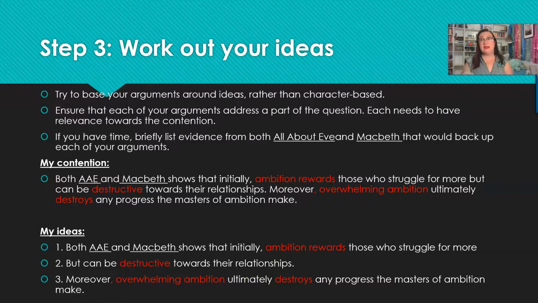Now, the reason I like these 3 ideas is they kind of build from each other. So the first paragraph looks at the initial effect of ambition. Then the second paragraph looks at ambition from another perspective rather than just what you get out of it. It also looks at how it affects other parts of your life.